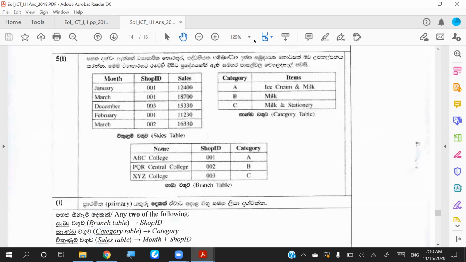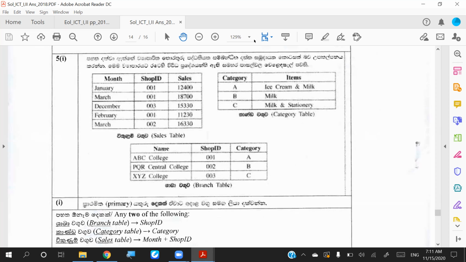So we have to go either with the month or with the shop ID, but in this situation we won't be able to go with month or shop ID alone. We have to take them together. So month and shop ID together can form a primary key in the sales table.